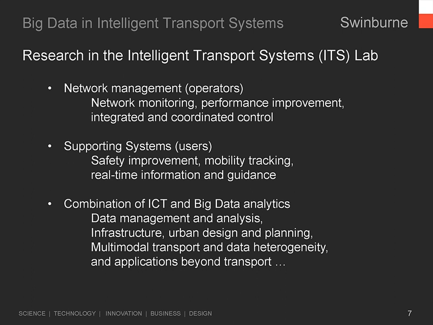We essentially categorize that into 3 different categories. The first one is for network operators, serving directly people like VicRoads, looking at monitoring performance improvement and coordinating the traffic lights in the networks, which is a very complex problem. It is complex because my background is computer science and electrical engineering.